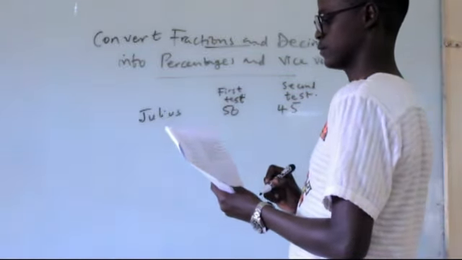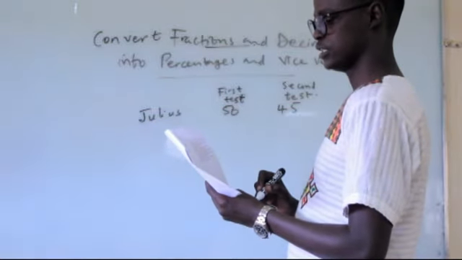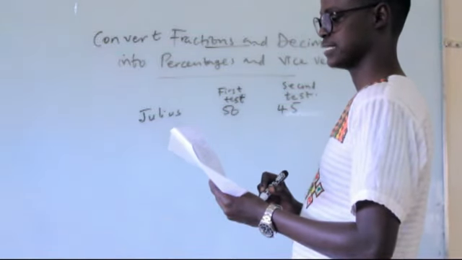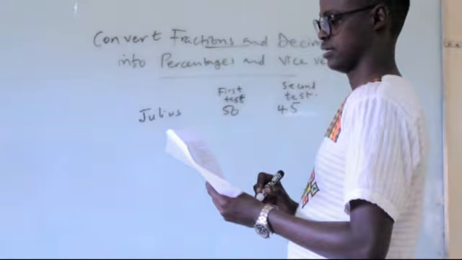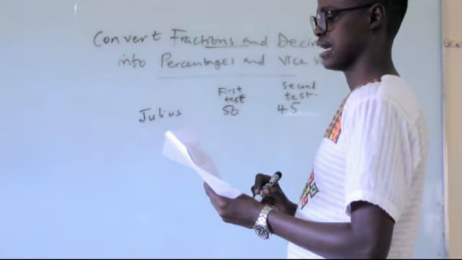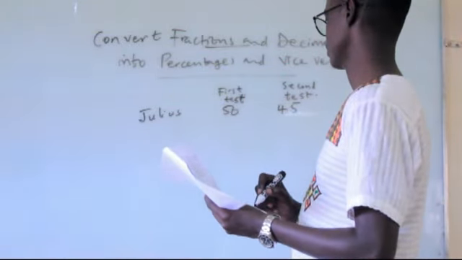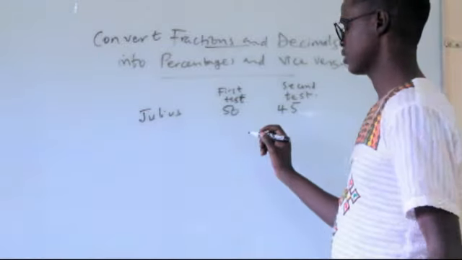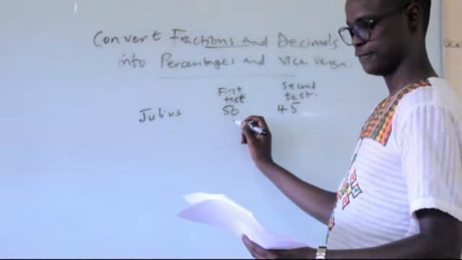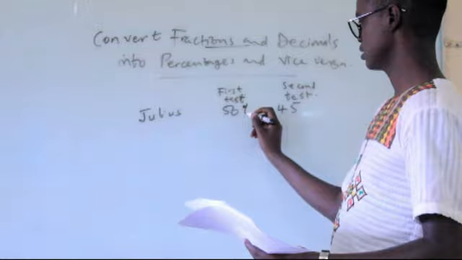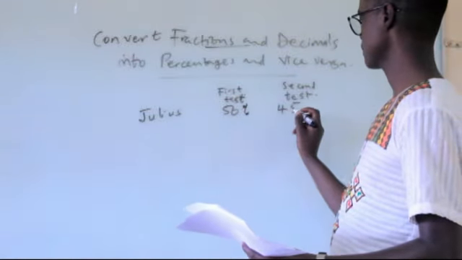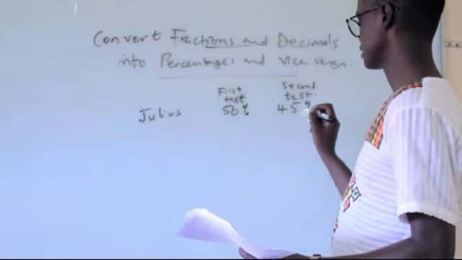They want us, for each person, to calculate the percentage difference. They have given an example, saying whether it is an increase or a decrease. So look at this. We have 50% in the first test, and we have 45%.